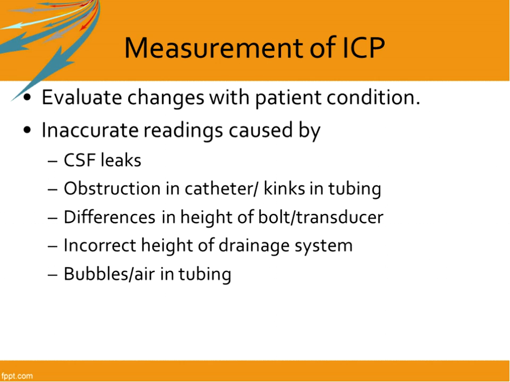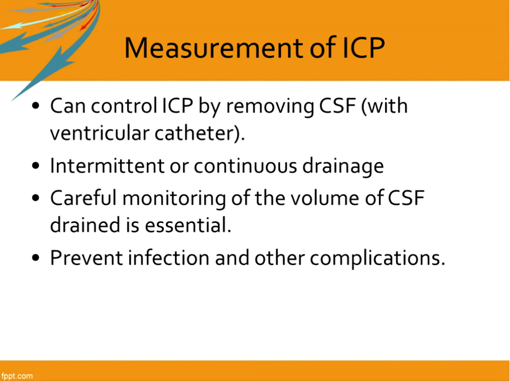And we might see that either as a change in the mean values that we've taken, or we might see that in a change in development of an abnormal waveform configuration. Some things that can impact an inaccurate reading of ICP are things like a CSF leak, obstruction, where we've not made the changes in the height of the system. Also, if there's bubbles or air in the tubing, because that can actually suppress the waveform.